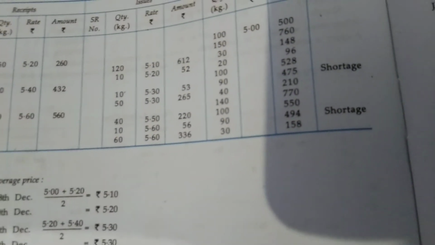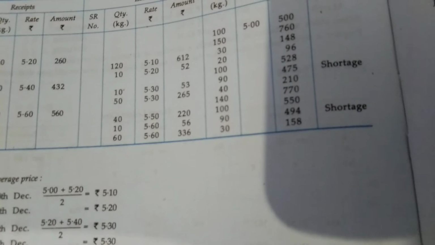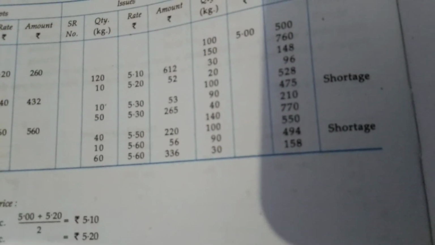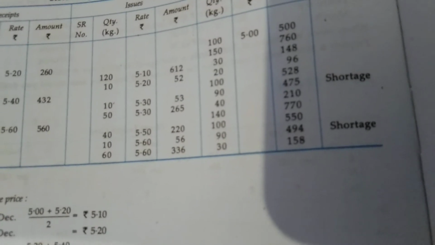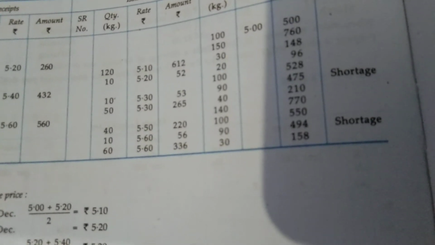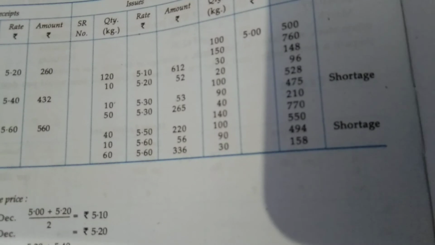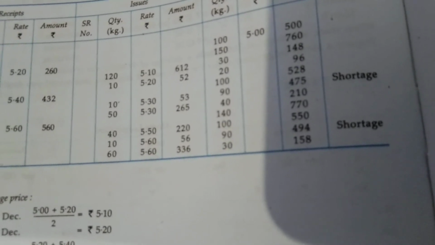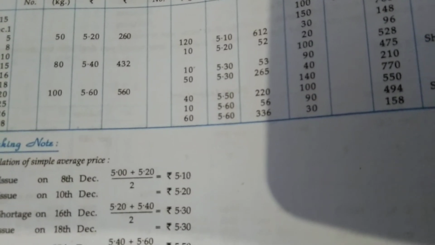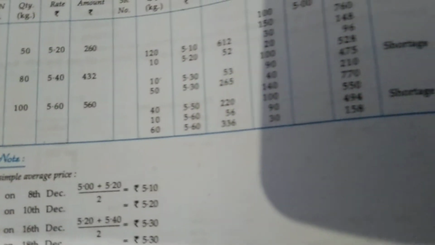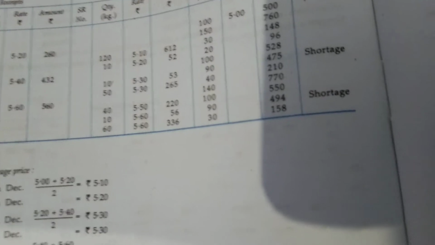Again I am telling, listen very carefully. When we issued 120 units, we made an average. Why? Because there were goods at a price of 5 of 100 units and goods at a price of 5.20, 50 units. Then we made an average.